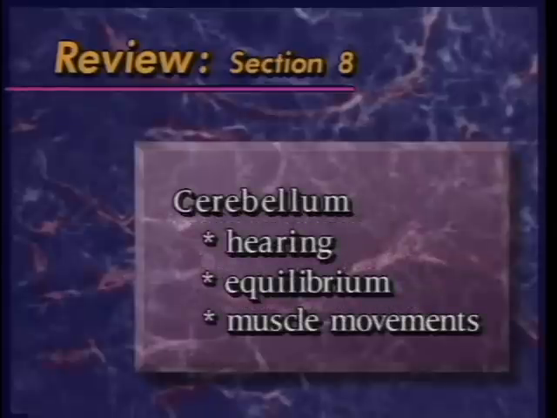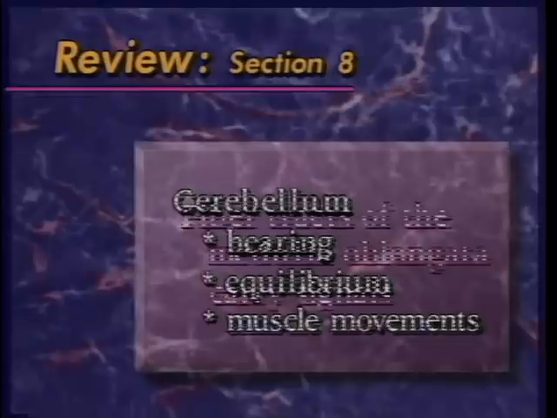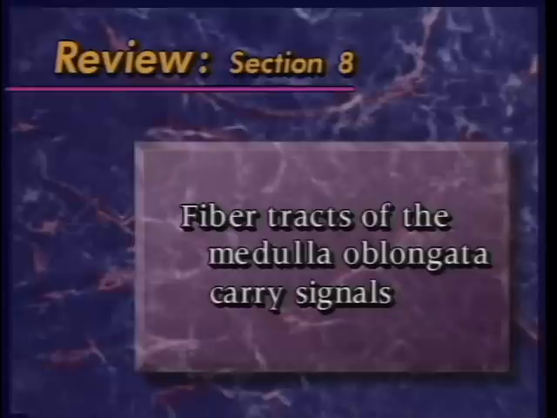Toward the posterior end of the brain is the cerebellum, which is involved in hearing, the sense of equilibrium, and coordination of complex muscle movements. Fiber tracts in the dorsal portion of the medulla oblongata carry signals inward from the body toward the brain. Fiber tracts in the ventral portion of the medulla oblongata carry signals out into the spinal column to the muscles.